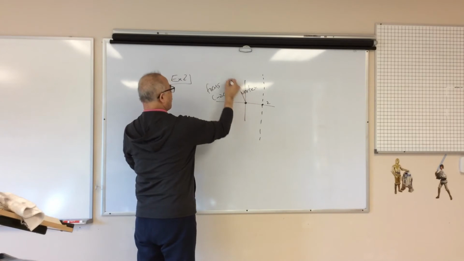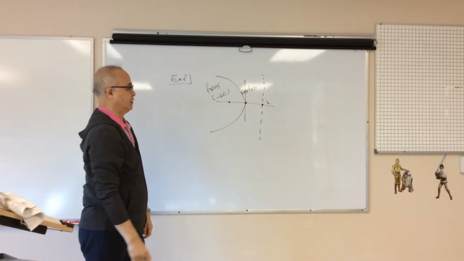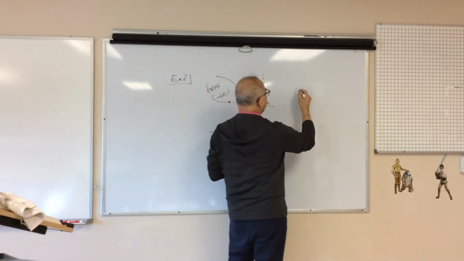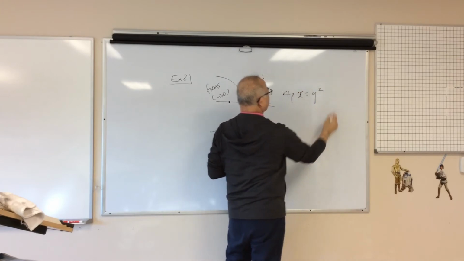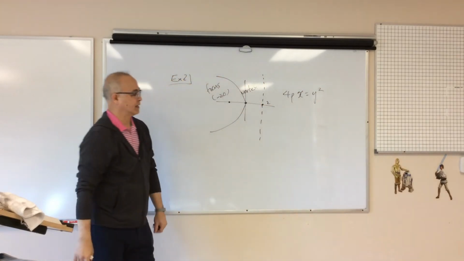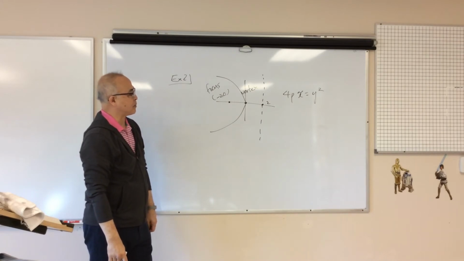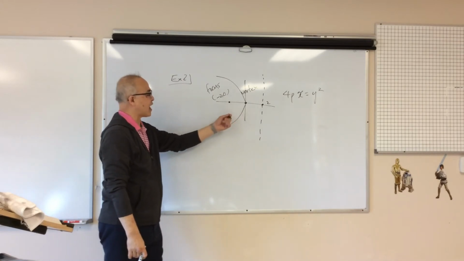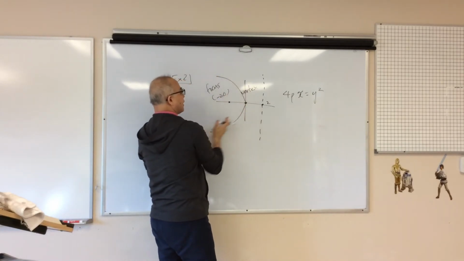And we're going to go like that. Okay, so this would be an x like that. It's one of these forms. Since it's going this way, the p-value is going to be negative.